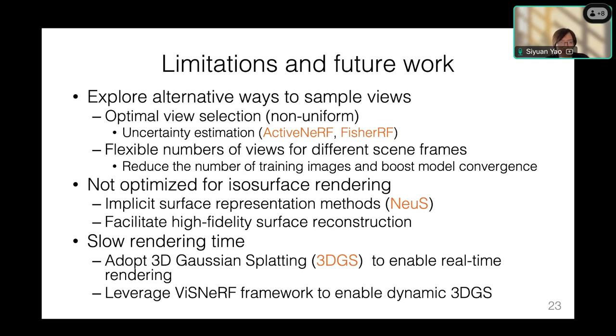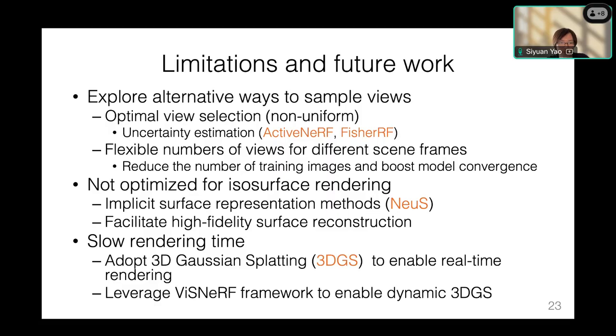And we also didn't optimize for isosurface rendering because NeRF, unlike implicit surface representation, doesn't consider the scene as a surface. So in the future, we might combine this with surface representation methods, which could improve the quality for isosurface rendering.